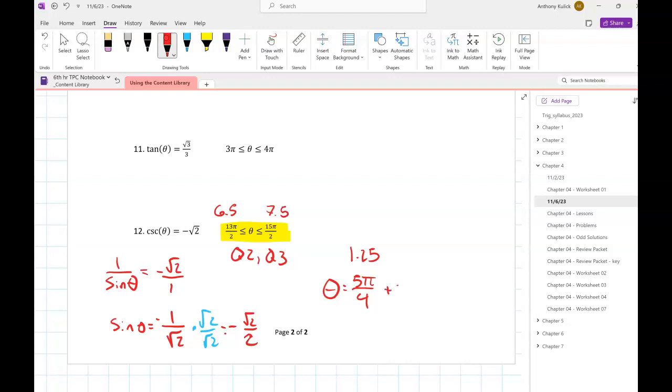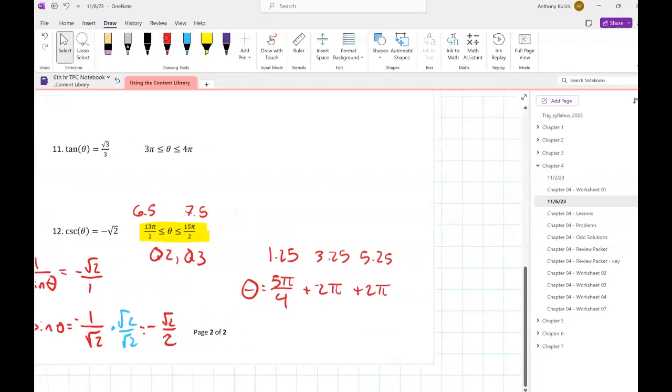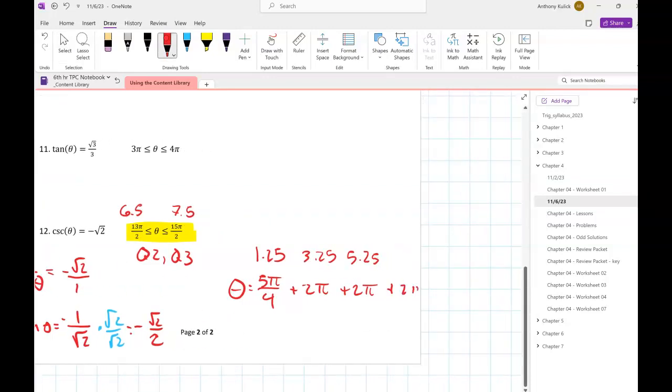So if I add 2 pi to that, it would get me like 3.25. Still not big enough. So add 2 pi again. That'll get me to 5.25. Still not big enough. I'll add 2 pi again, which will give me 7.25. Yes, that's in between.